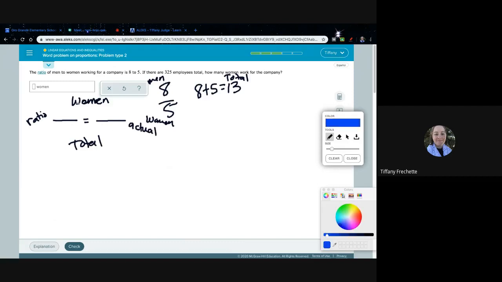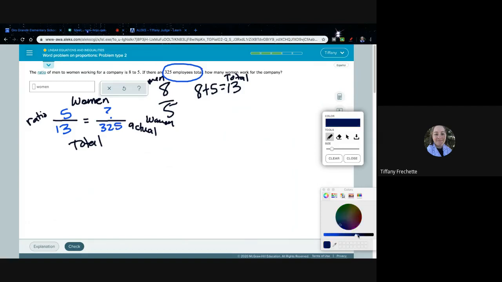It's the 2 other pieces that we're comparing. So women in the ratio, we're going to come down here. That was 5. Total for the ratio, remember, that was when we added them together. That's 13. Women actual, we don't know. That's what we want to know. So we're trying to find out. And then total, remember, they told us how many total employees there were for actual, and that's 325.